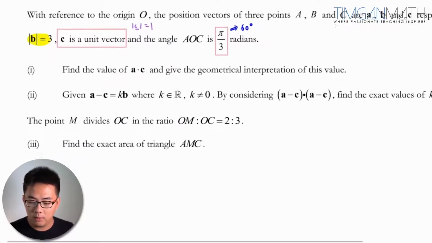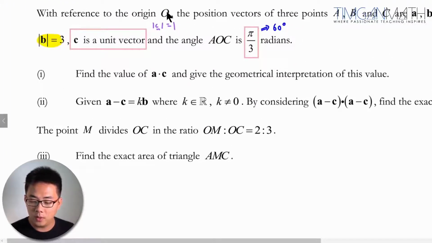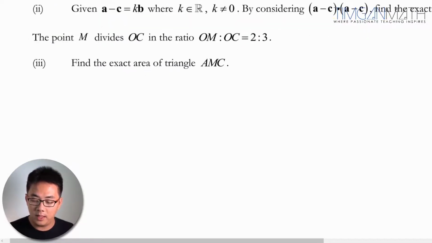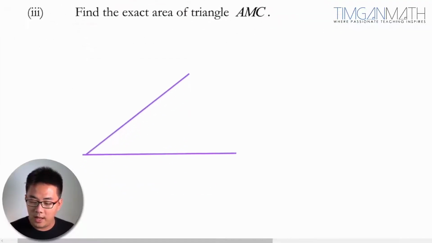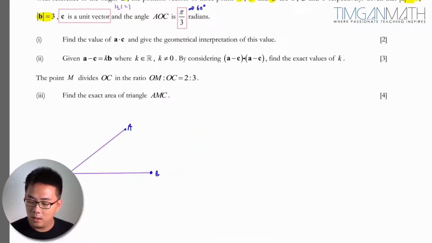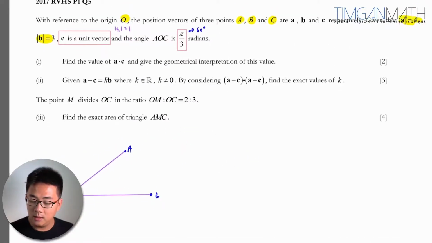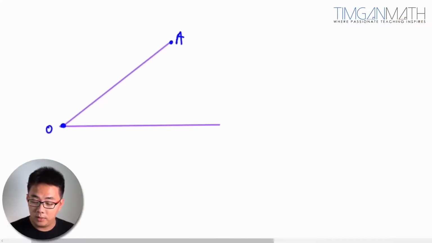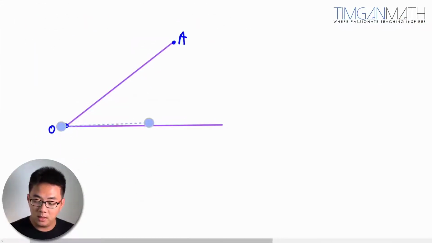With reference to origin O, this is A, this is B, and we need C because we want the geometrical interpretation. So this is C.